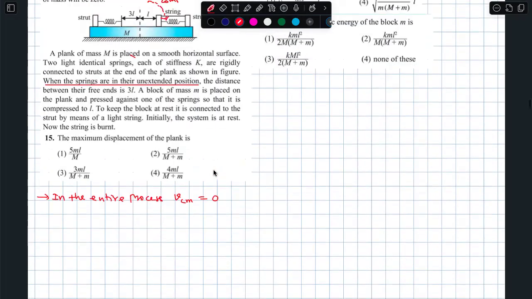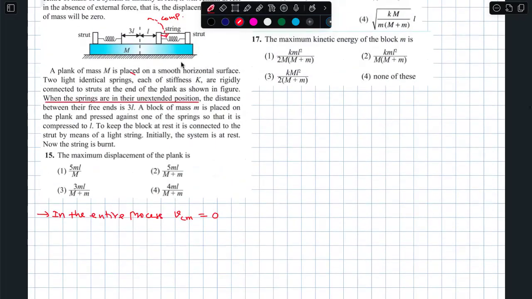Now, if the block moves, maximum it will move by 5L distance, not more than that. Yes or no?